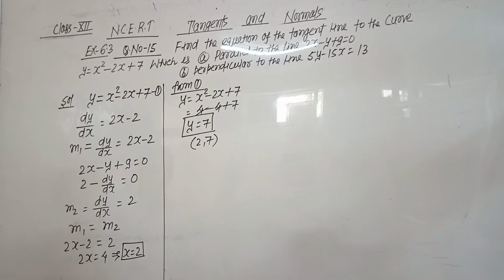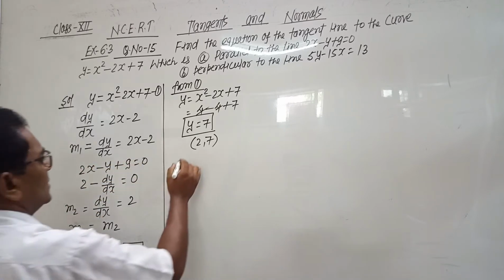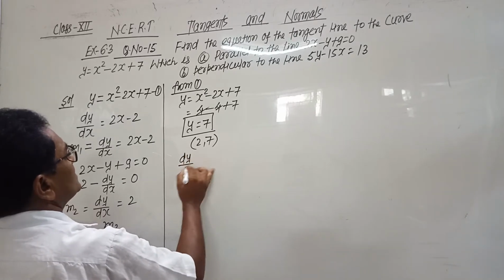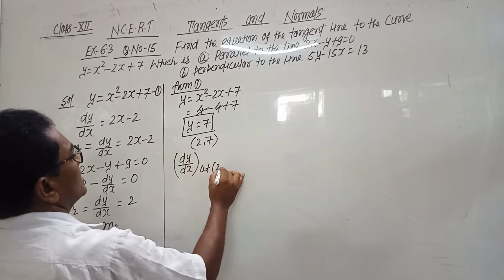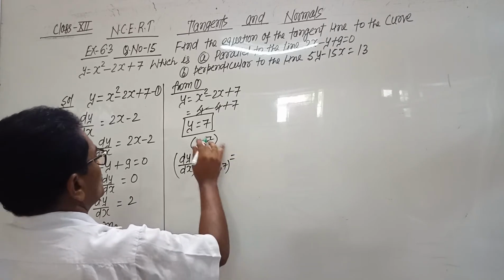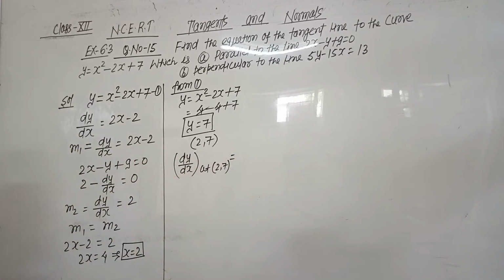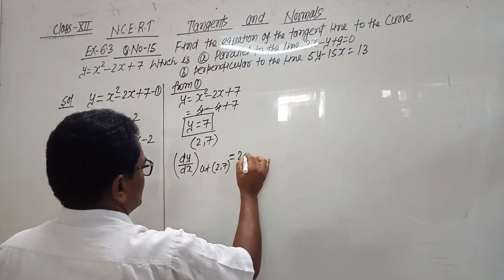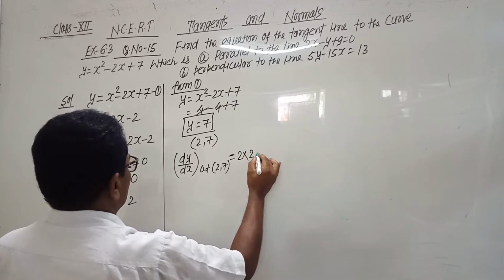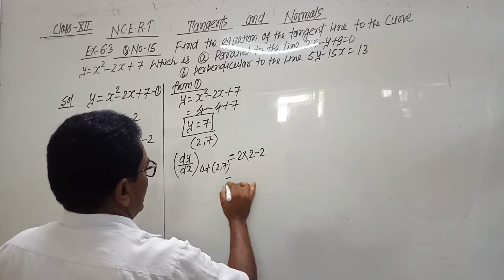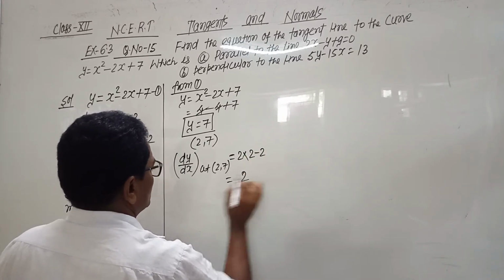Now find the dy by dx at the point (2, 7). This (2, 7) lies on the curve. So 2x minus 2, 2 into the value of x, which is 2, minus 2, gives 4 minus 2.